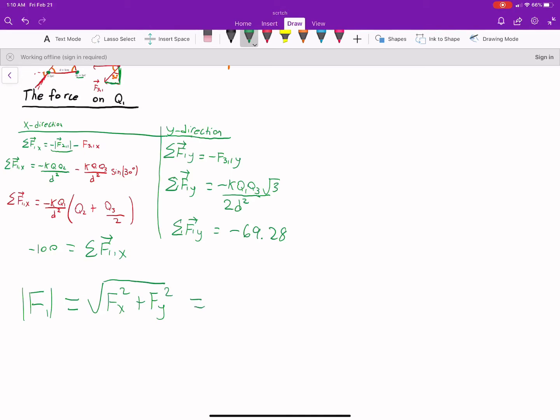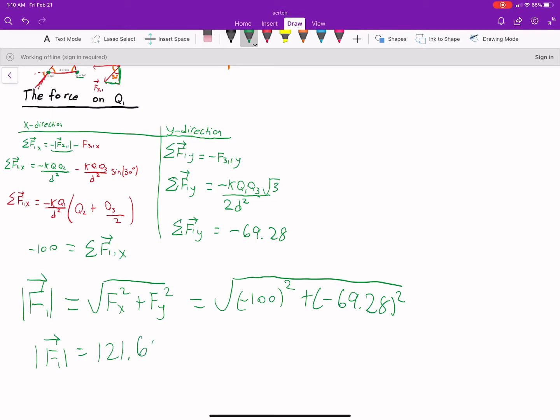So that's the square root of about negative 100 squared plus negative 69.28 squared, which ends up being 121.655 newtons. So that's 1.